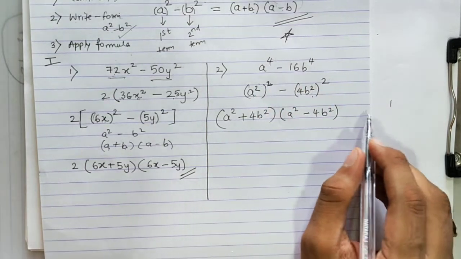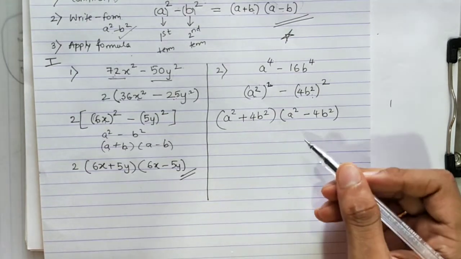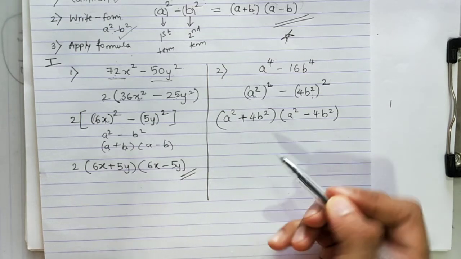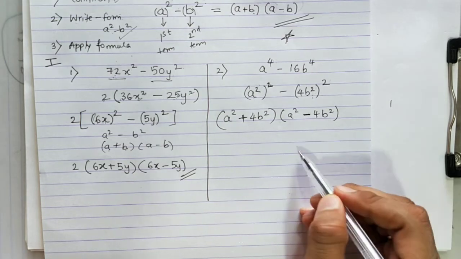Now the sum is not over yet. If we observe the question carefully, see, this is a square plus 4b square. This is a square minus 4b square.